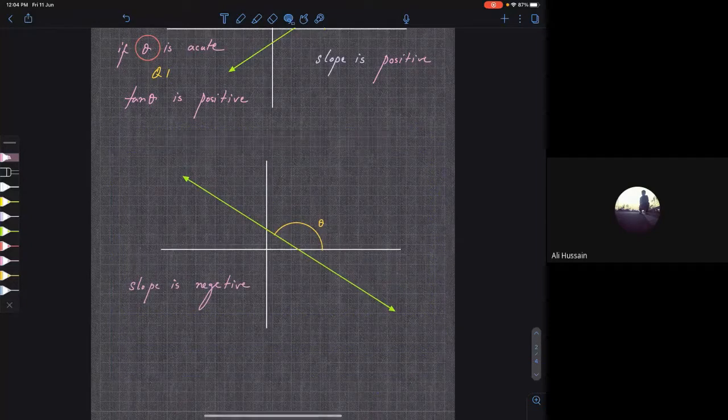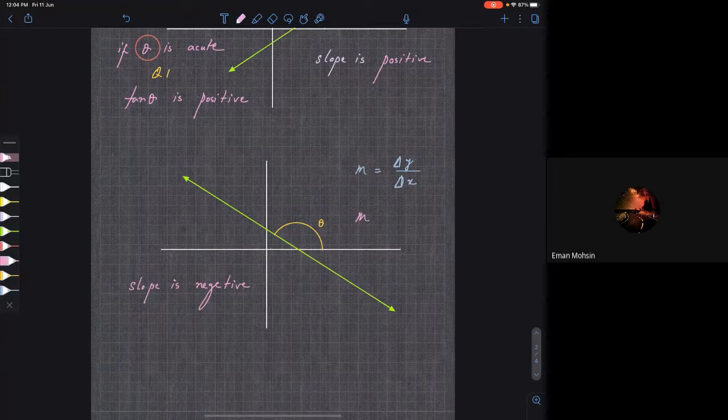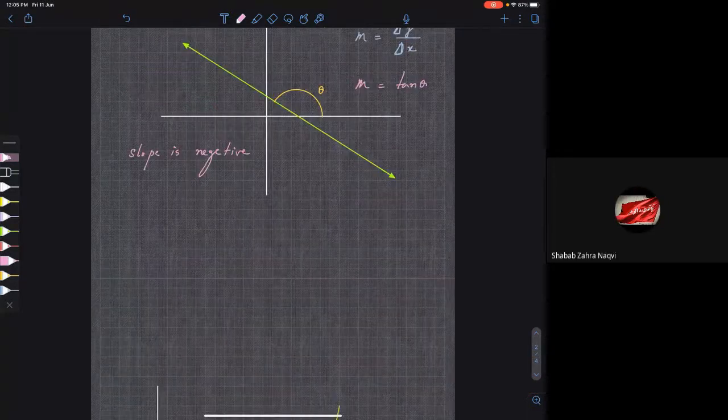Now here, tell me what is M equal to? Delta y by delta x. M is also equal to tan theta. Okay, fine. Now here, theta is obtuse. So tell me, where does this theta lie?